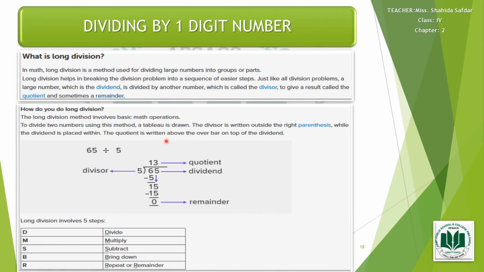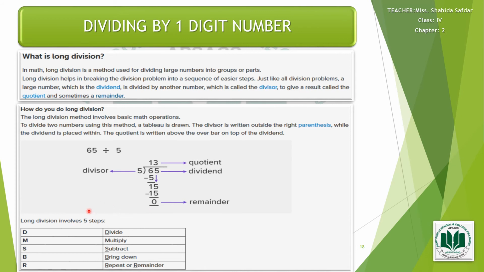The quotient is written above the over bar on the top of the dividend. You can see here that this is the divisor which is written outside the right parenthesis. This is the dividend which is placed within, and here is the quotient which is written above the bar on the top of the dividend, and this is the remainder.